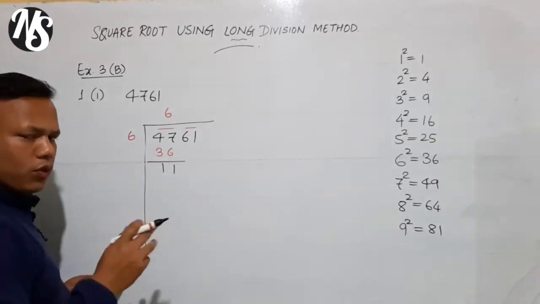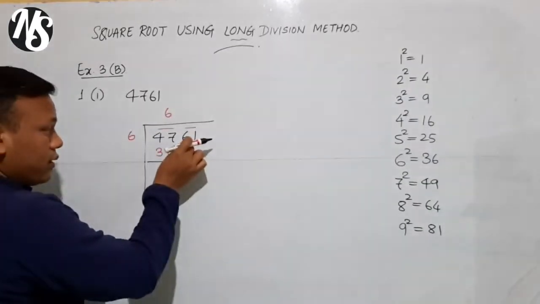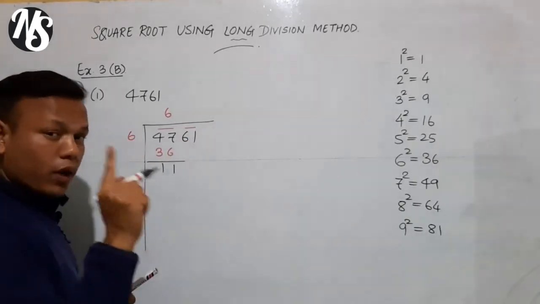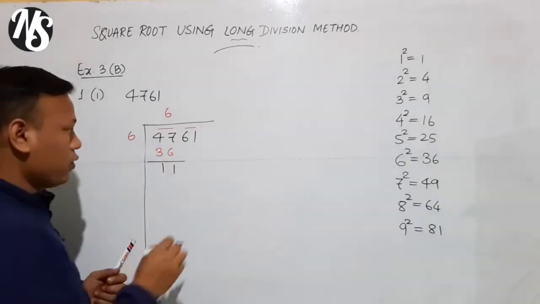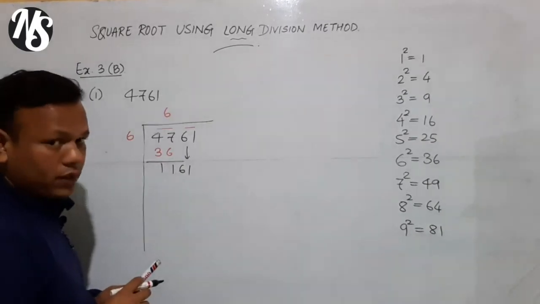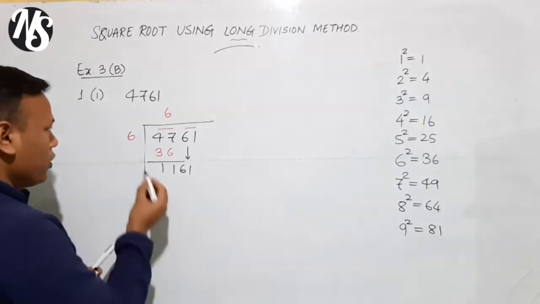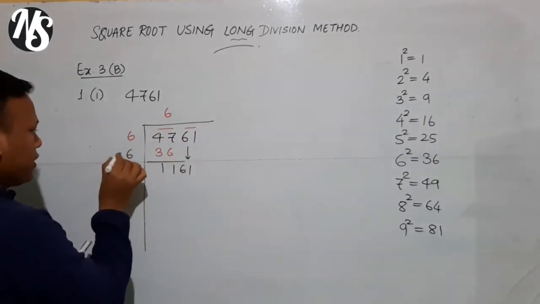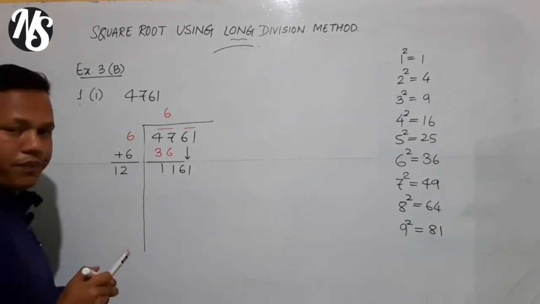After subtraction, what we do in division is bring the next number down, but here, instead of bringing one number at a time, we bring the entire pair down. So this entire pair comes down and it becomes 1161. Now be very careful: you have to add these two numbers. Let me write 6 out here and add them. So 6 plus 6 is 12.